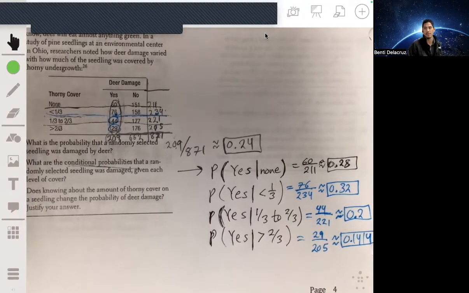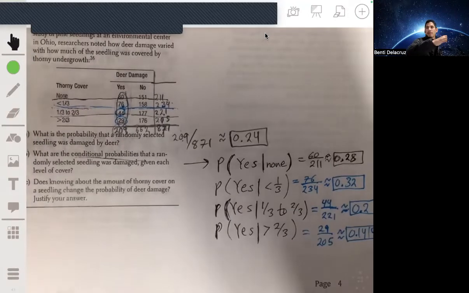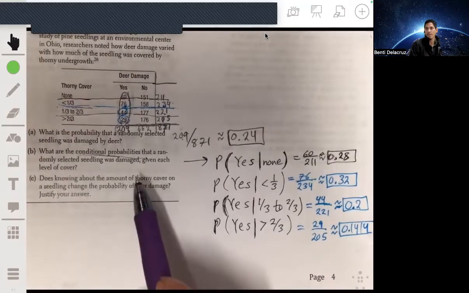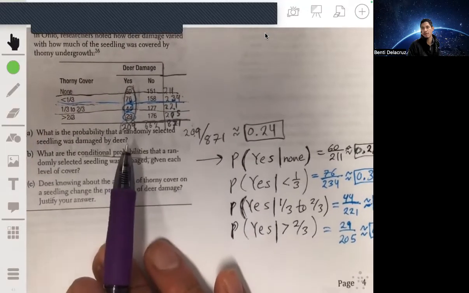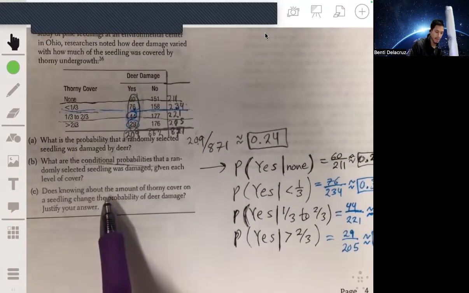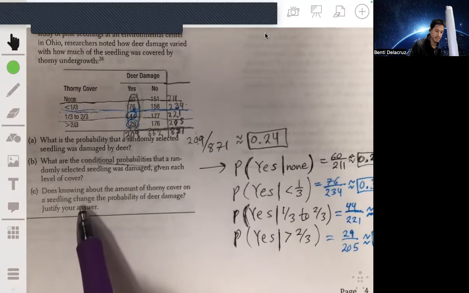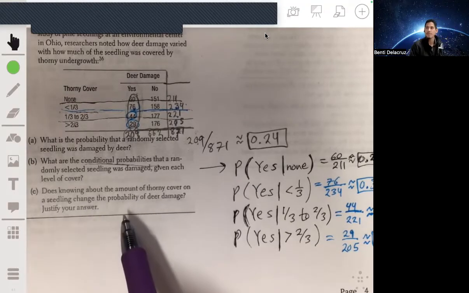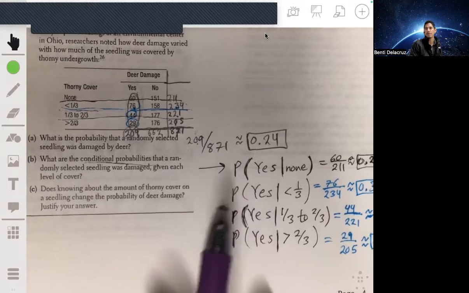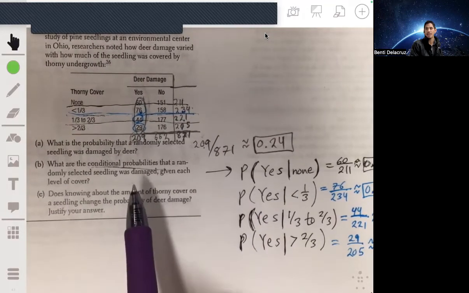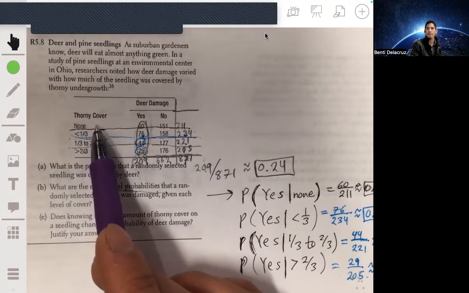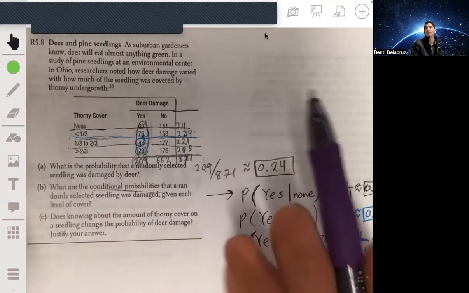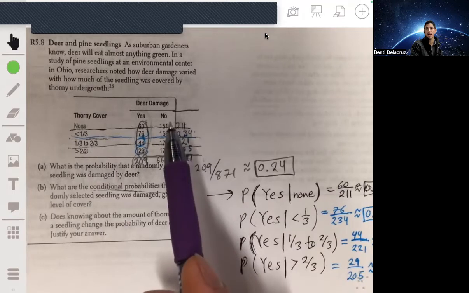Now the last question. Does knowing about the amount of thorny cover on a seedling change the probability of deer damage? Let's think about this logically. This is essentially asking, does having a thorny cover affect the amount of deer damage you're likely to have?